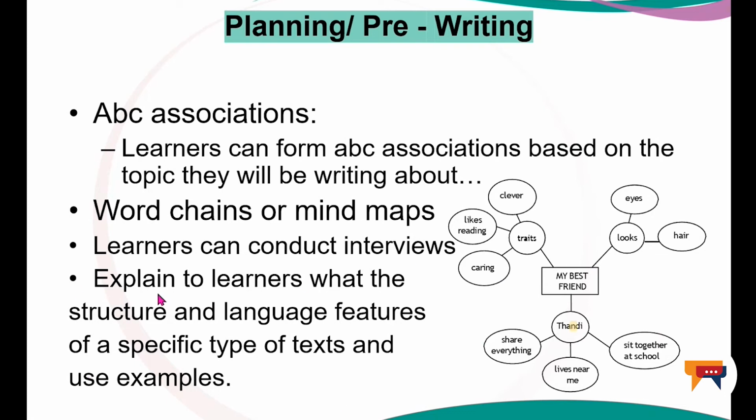They can also explain to learners what structure and language features of a specific type of text, and of course present the students with some examples that they can relate back on. Okay, it's also a good idea if there's a specific structure that you would like them to follow, you can give them examples of that structure so they have a visual representation of what theirs needs to look like.